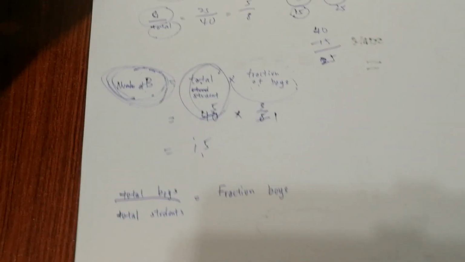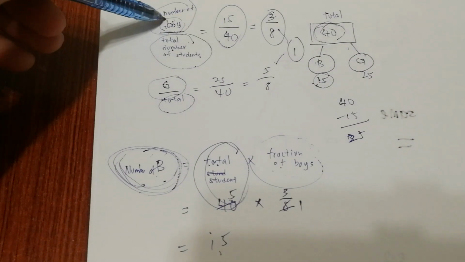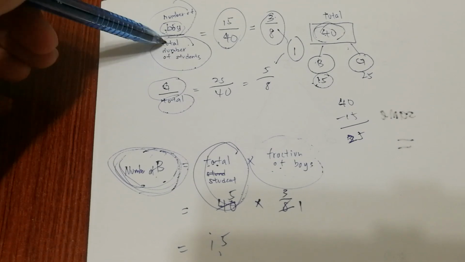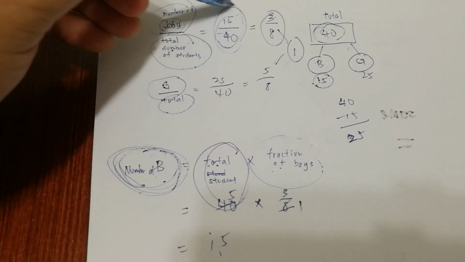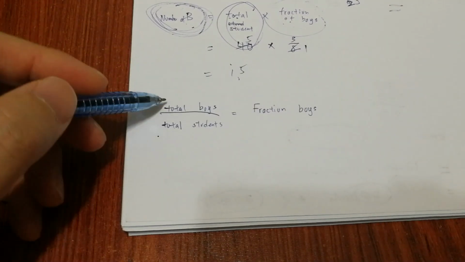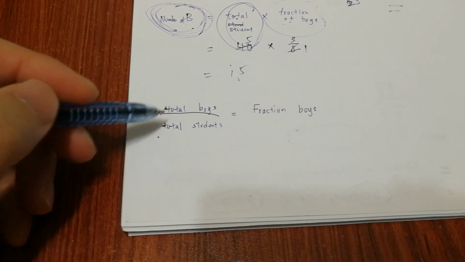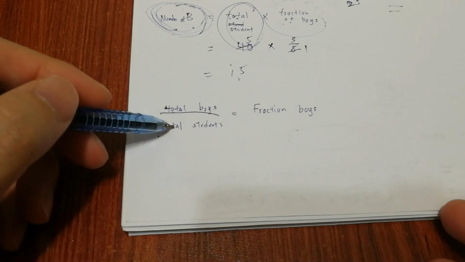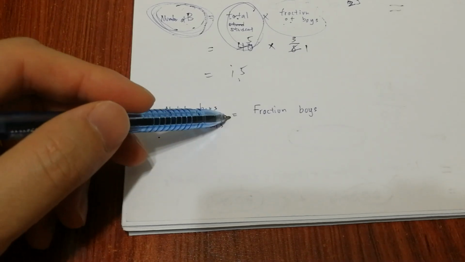Just like what we did just now, the first one. The number of boys over this one, we get the fraction of boys. So same goes to this. This is the number of boys, then the total students, equals the fraction.